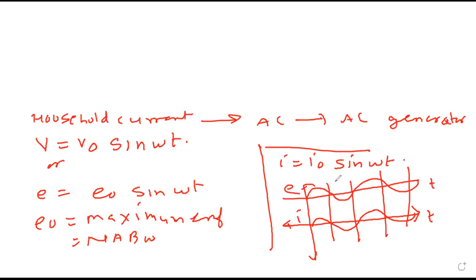Till last year in our state board, AC current was not there. Now they have included it, so we have to study even that. Average of AC, that's why I'm explaining average. Otherwise, I would have directly started with RMS current and peak current.